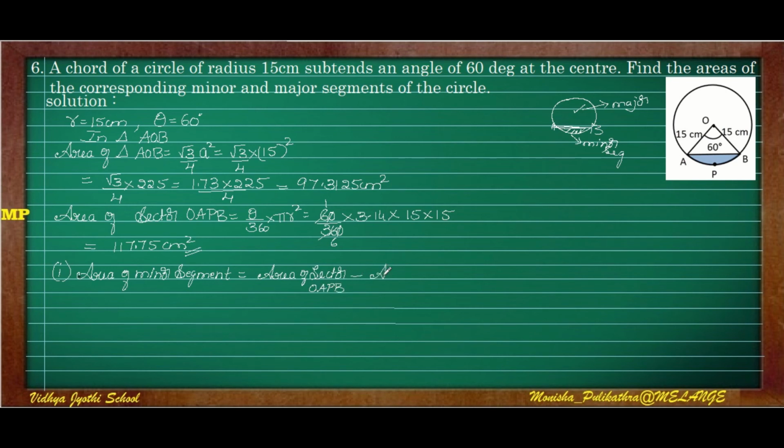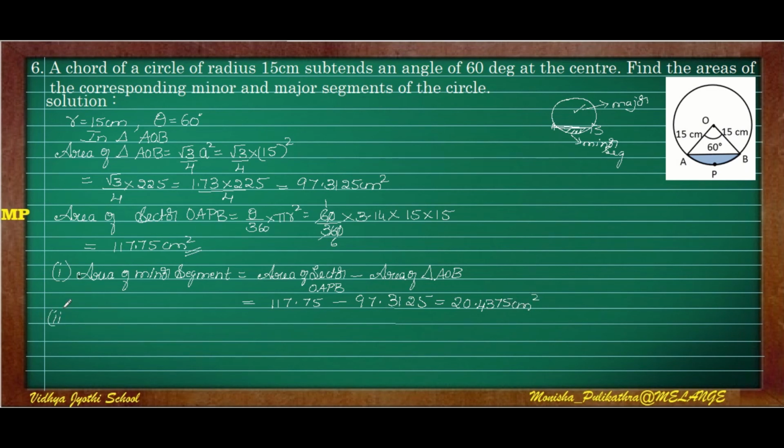So area of sector is 117.75 minus 97.3125. So here you will get 20.4375 centimeter square. This is the area of the minor segment.